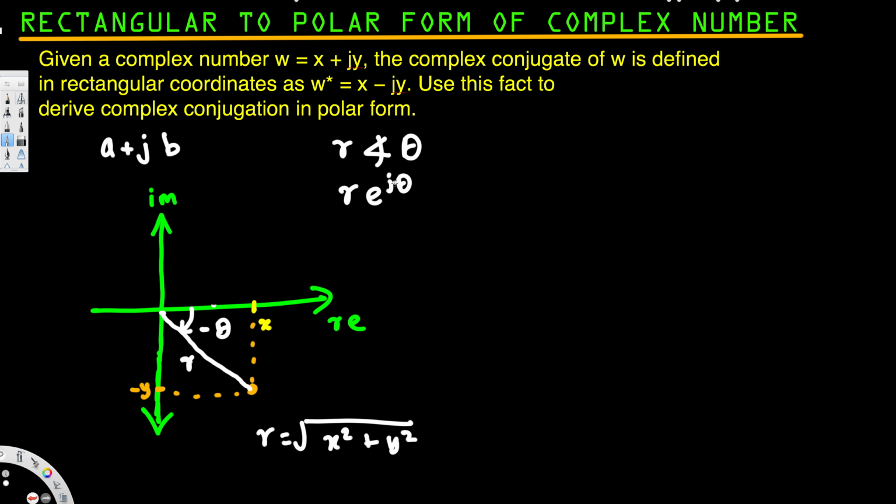And e to the j, the angle is going to be negative theta since this is in the opposite direction. And also if you want to know the angle mathematically, you can say.